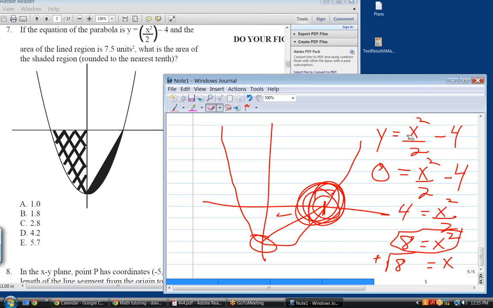So all you have to do is plug in 0 for x. It usually makes that entire term go away, and y equals negative 4. So yes, now I know the dimensions on this triangle. That's 4, and that's root 8. What's the area of that triangle?